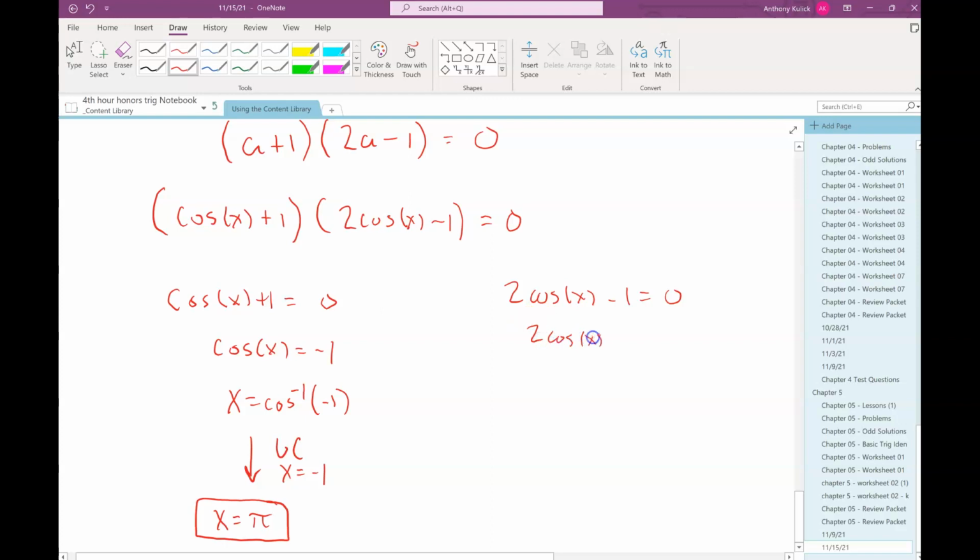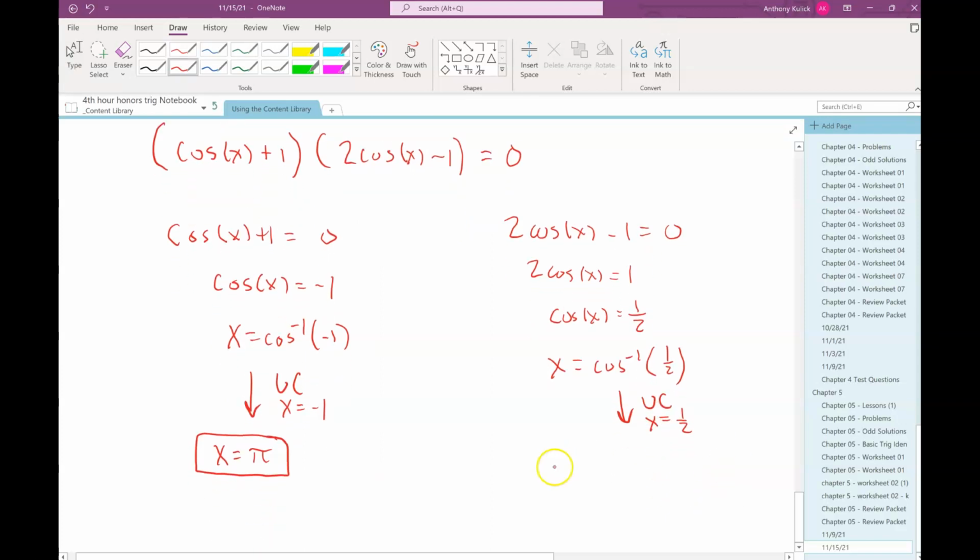In the other equation, we'll start by adding 1 to both sides, dividing both sides by 2, then doing the cosine inverse. I go to my unit circle, look up where the x-coordinate is 1/2. That happens at pi over 3 and also at 5 pi over 3.